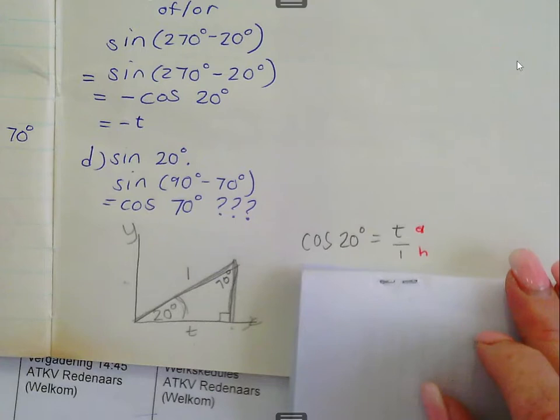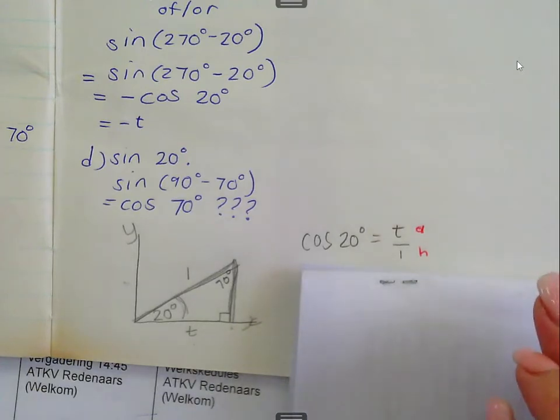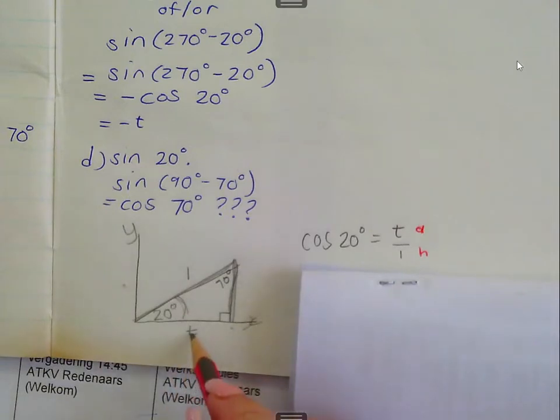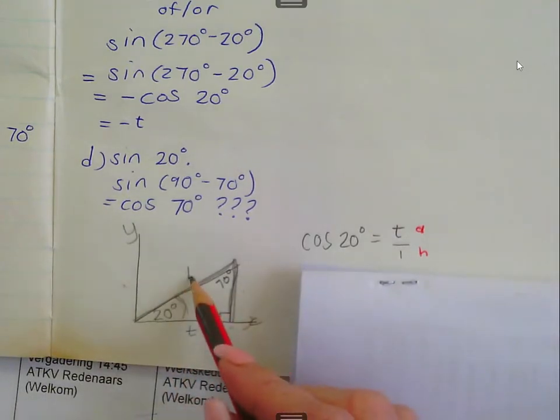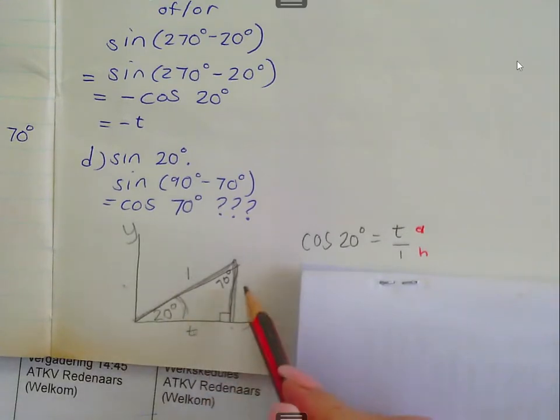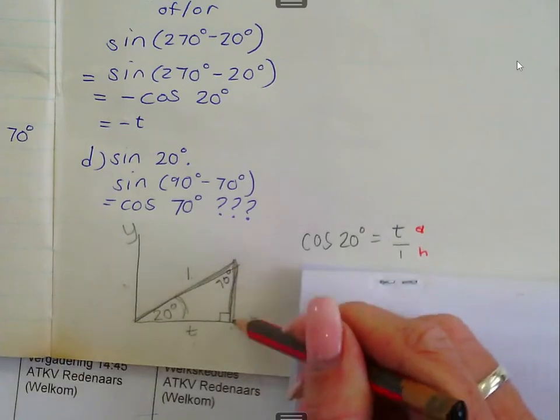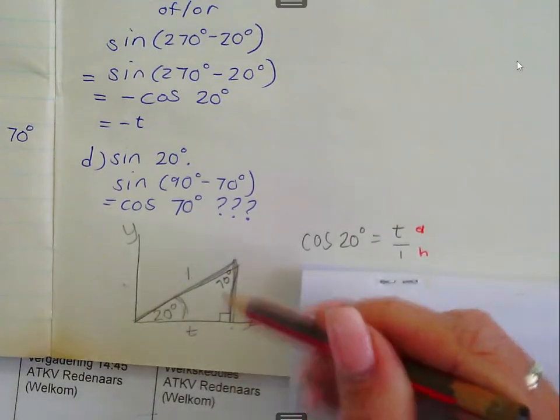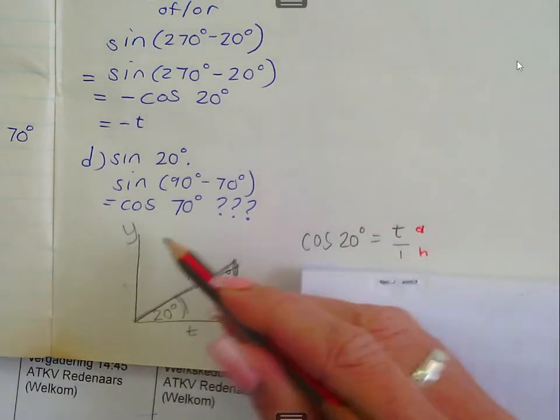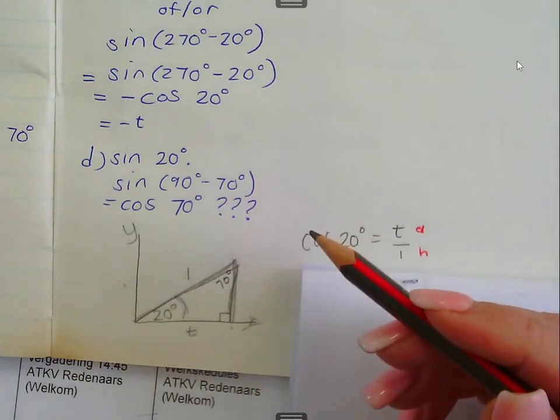The secret to mathematics is everything stays the same. If there was a 3 and there was an unknown and there was a 5, you would say 5 squared is equal to 3 squared plus the unknown squared. We prefer to call this side y because it's the y coordinate. Does that make sense? Okay.